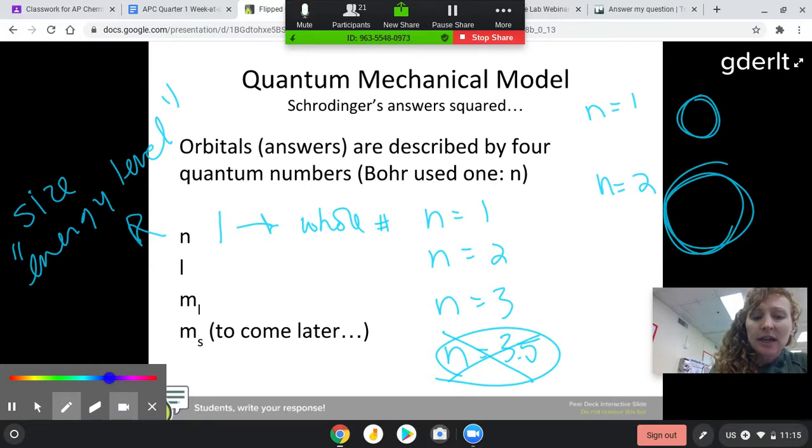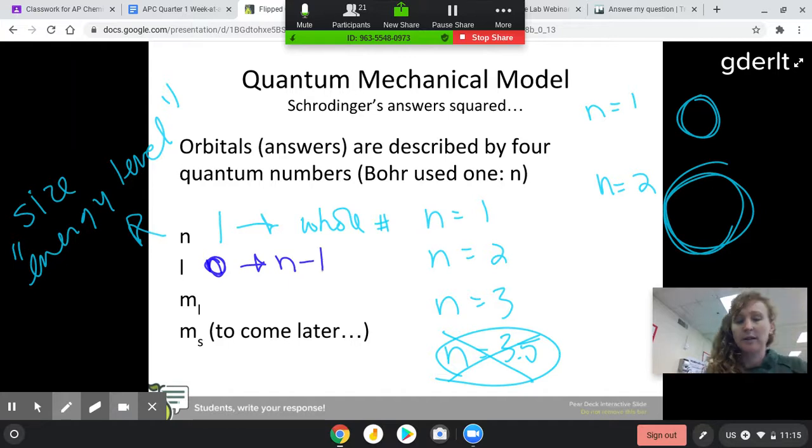L can be any number from 0 to N minus 1.